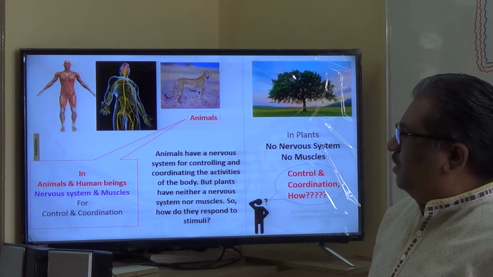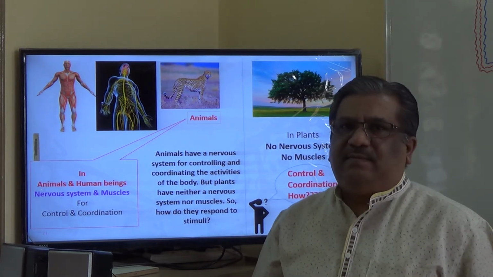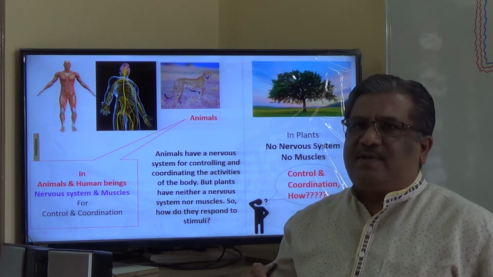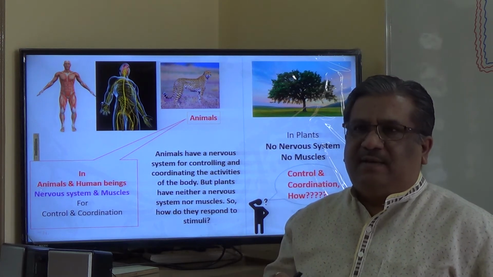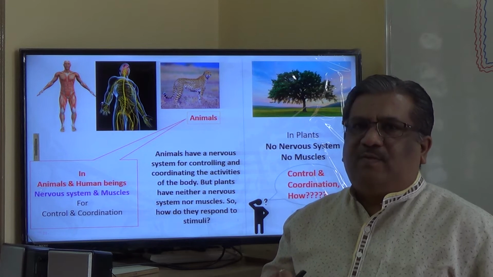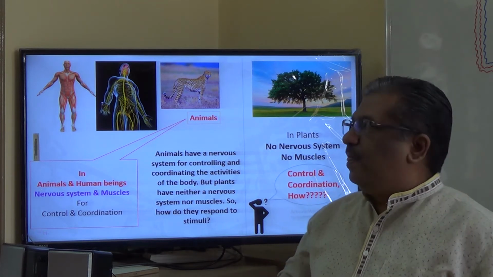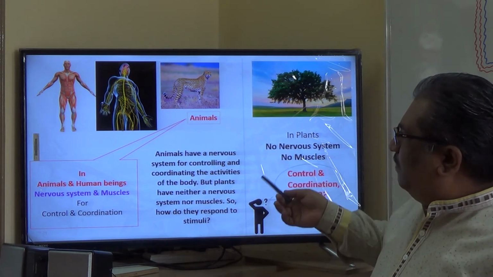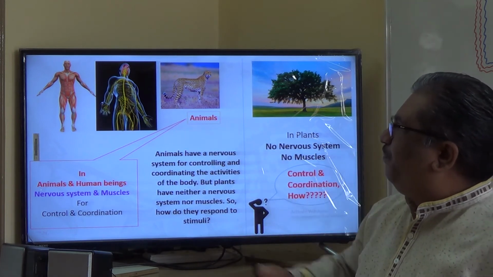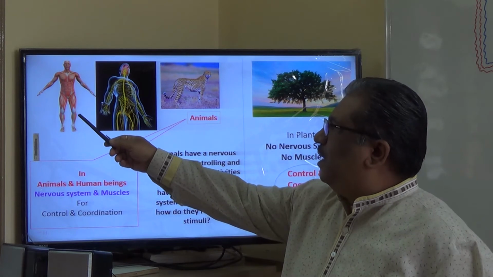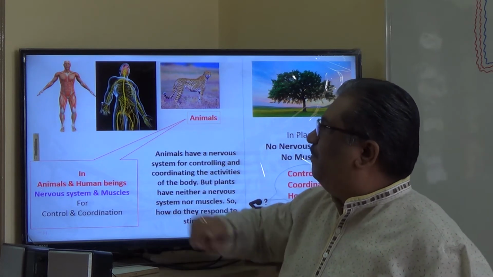Control and coordination in plants. Really, it is a question how it is done. Why is there a question of how control and coordination is provided in plants? There are a few diagrams here to demonstrate that human beings have very good muscle structures.